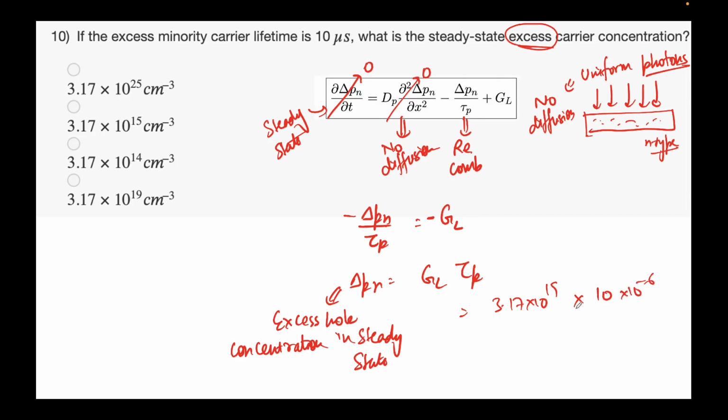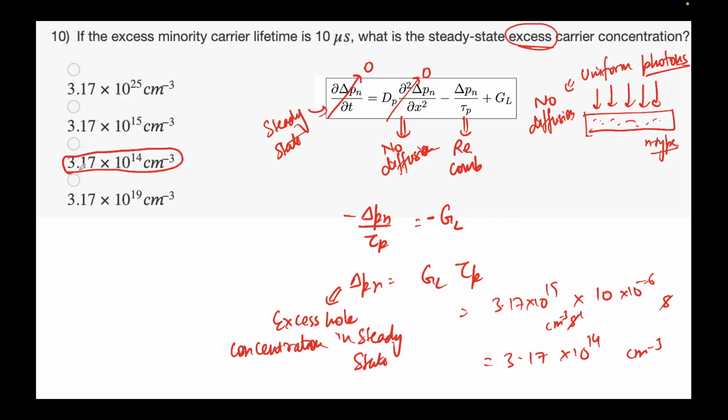This was per centimeter cube, this is second, so the seconds cancel. Again you see the unit is cm minus 3. This turns out to be 3.17 into 10 to the power 14, which is this option.